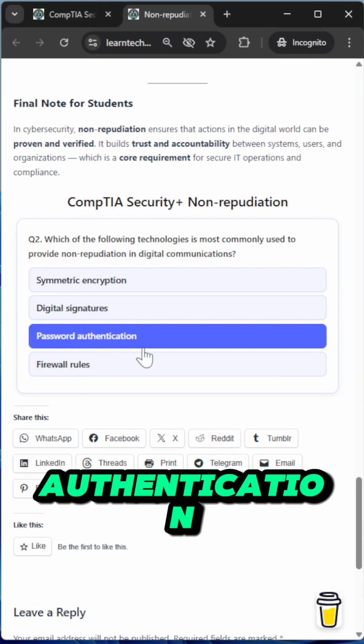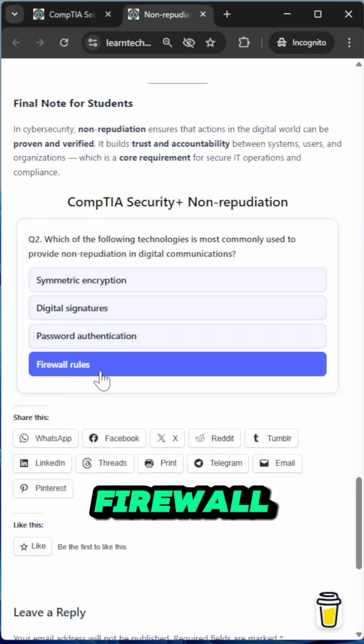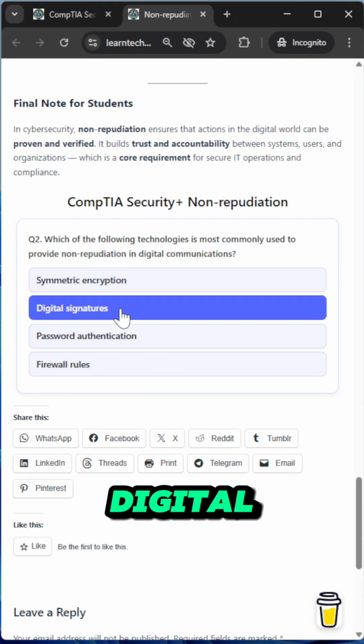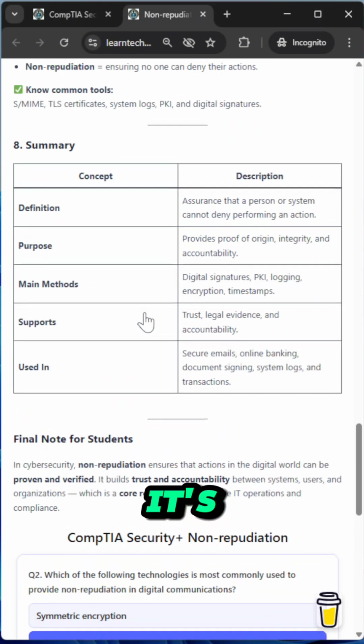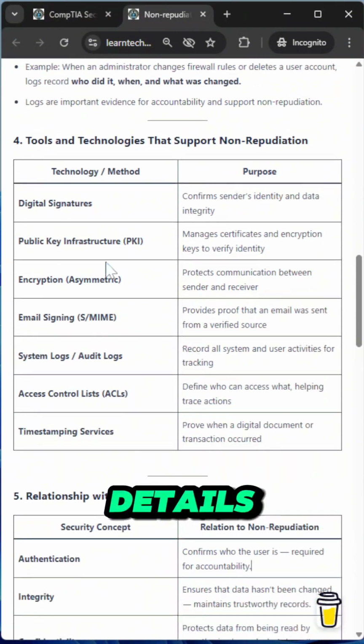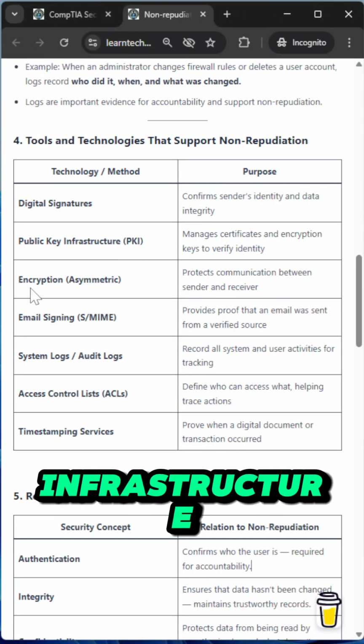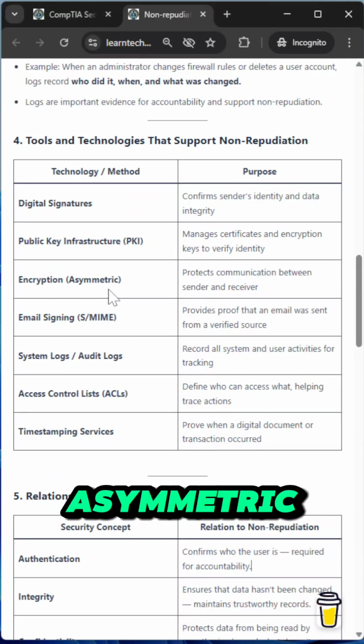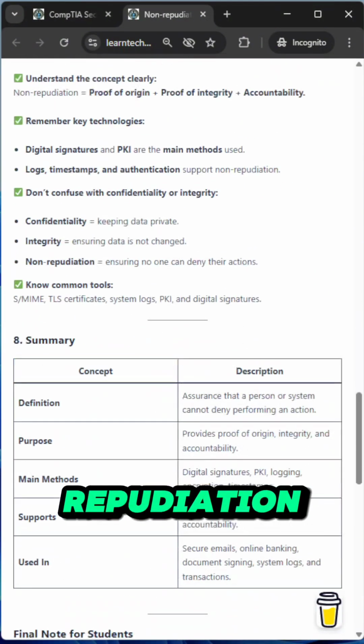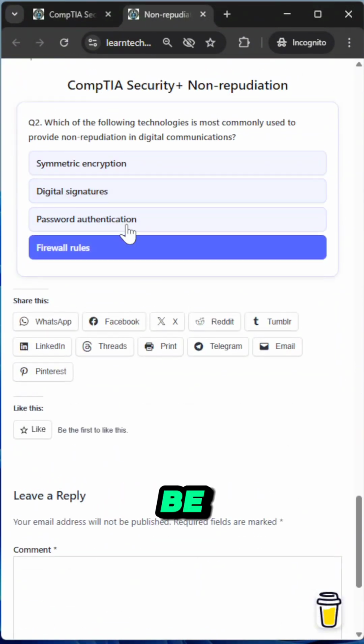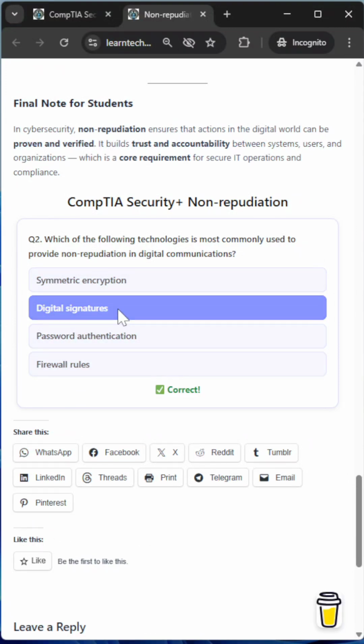Password authentication? No. Firewall rules? No. So the answer should be digital signatures. If you go through the details, the technologies are digital signatures, public key infrastructure, and asymmetric encryption, not symmetric. Asymmetric encryption is part of non-repudiation.